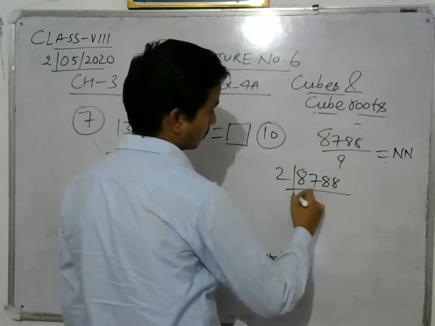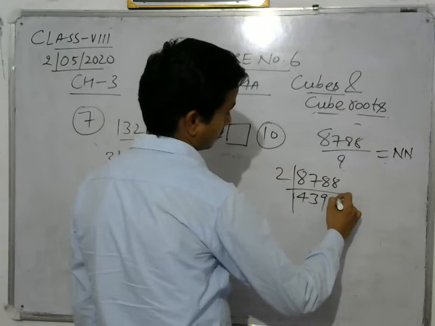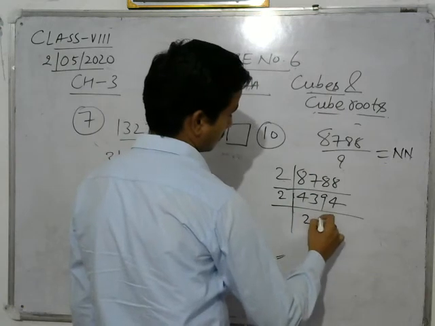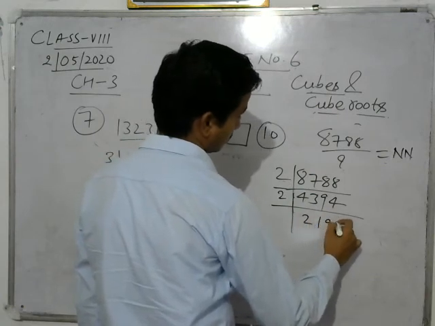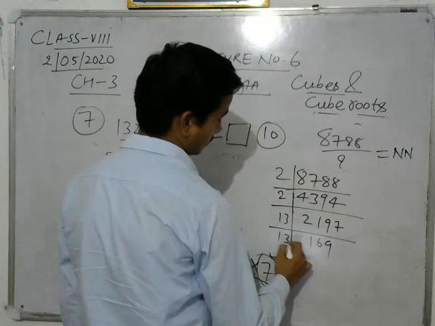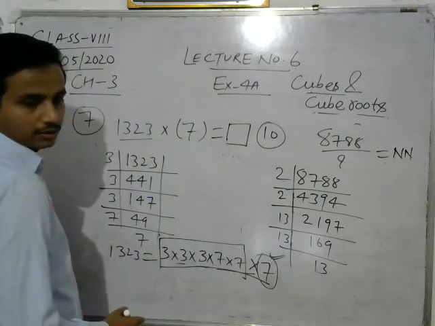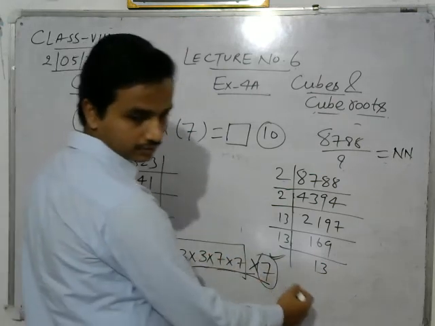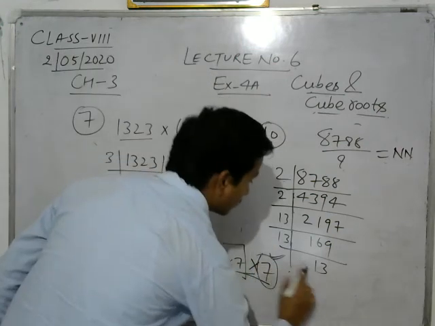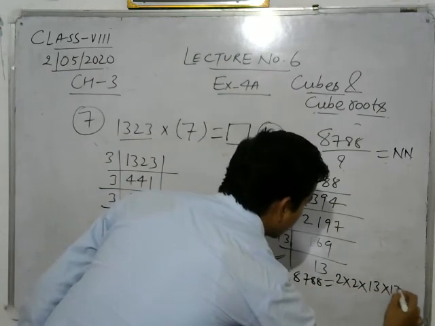Similarly, in order to solve this problem, find the prime factors of this. Divide it by 2, 4394. Divide again by 2, 2197. I think it is divisible by 13. So I can write 8788 as a product of 2 into 2 into 13 into 13 into 13.